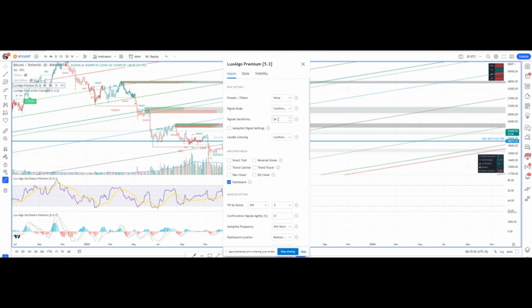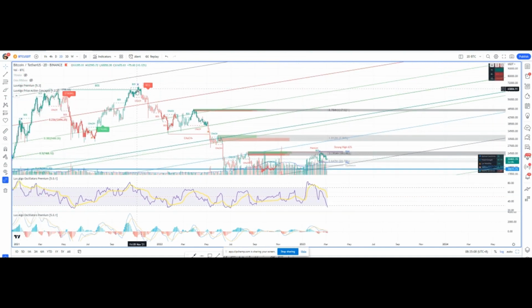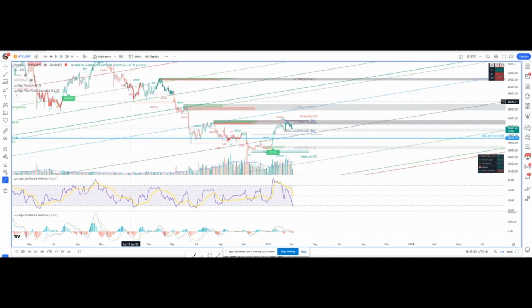That means you get the most accurate long-term signal, which means if you look at that one, we pretty much had just a couple of weeks after the cycle top a sell signal. And as you see here, the candle coloring changes as well from green to red, which pretty much started the downtrend, goes in red.